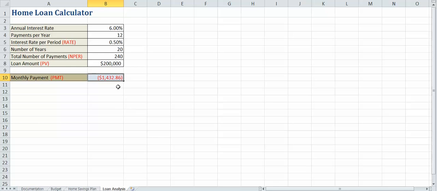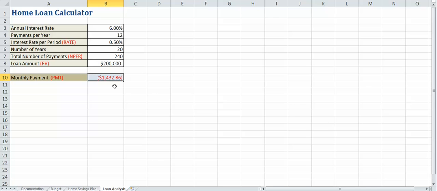Now, this is another function that you really need to think about when you get to the answer part. If, for example, I had made the mistake of using the 6%, the annual interest rate, in the formula, my payment would probably be over $10,000.